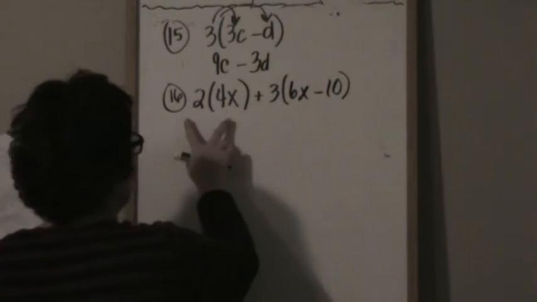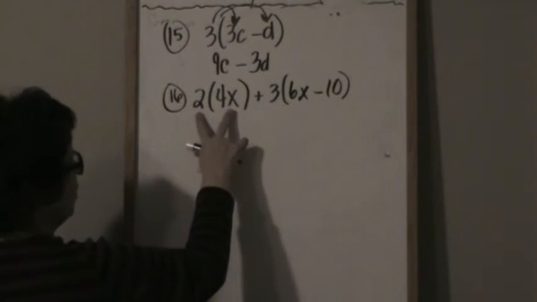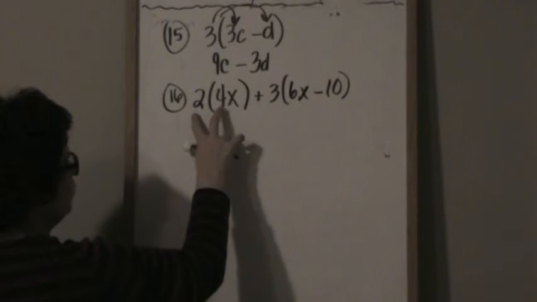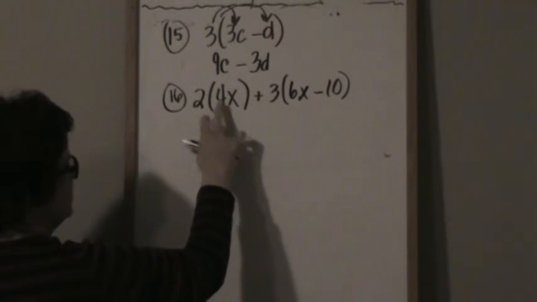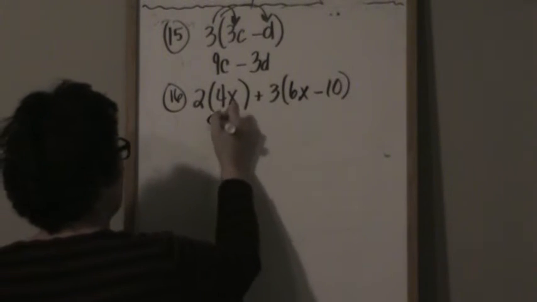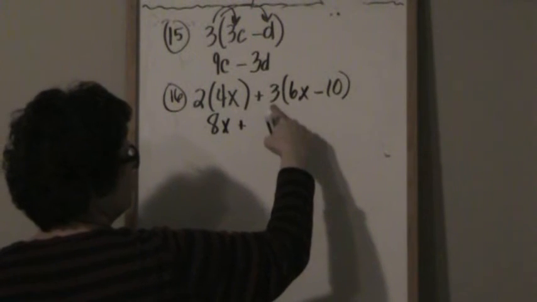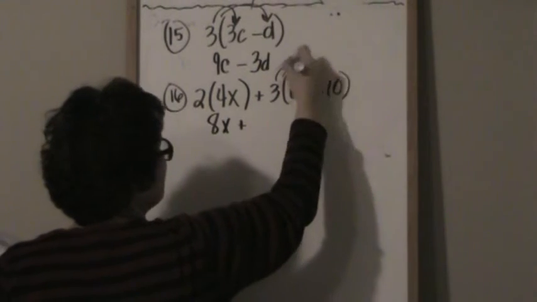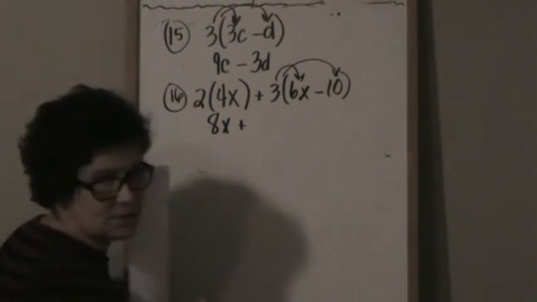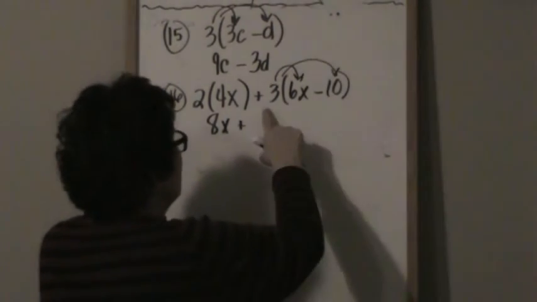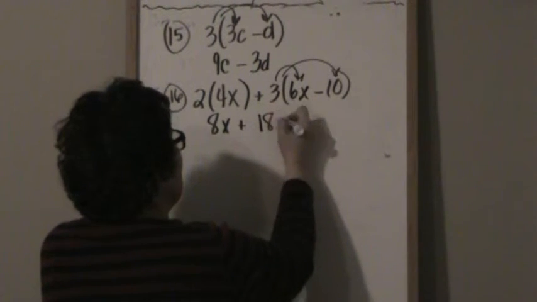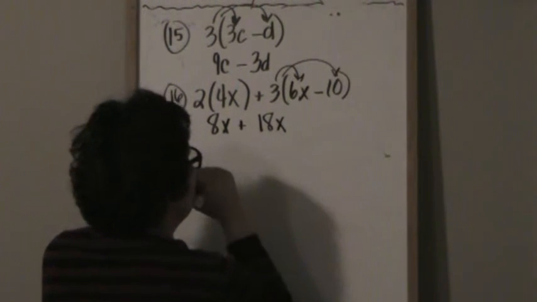Okay, now notice that right there just means to multiply 2 times 4x. So 2 times 4 is 8x plus, here I have to distribute because there are 2 terms in the parentheses that I cannot combine. 3 times 6 is 18x, okay?